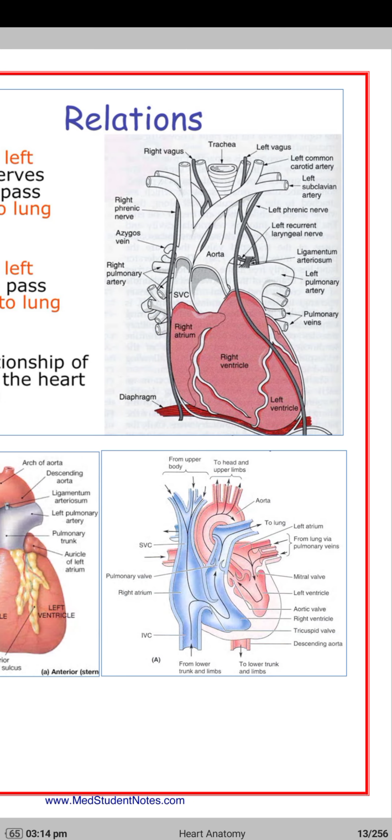So right phrenic and left phrenic are seen, left vagus and right vagus are seen. So we have to understand that the right vagus and left vagus go posterior to the lungs and right phrenic and left phrenic nerves pass anterior to the lungs.